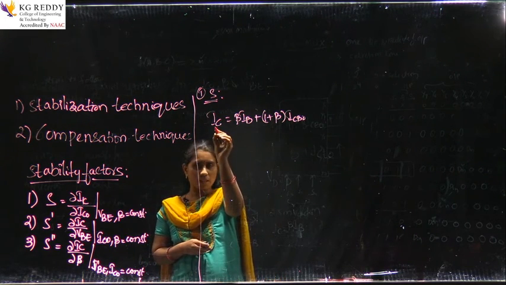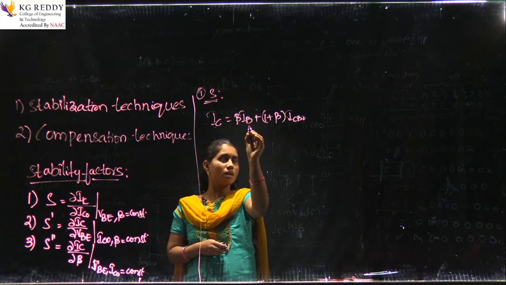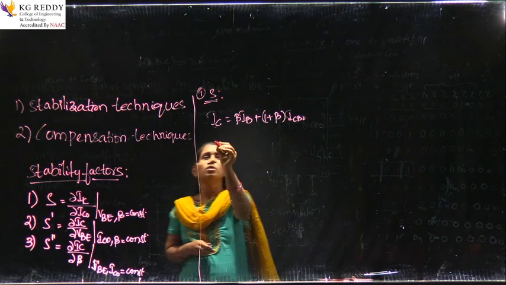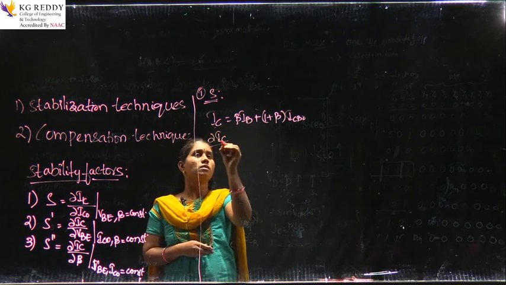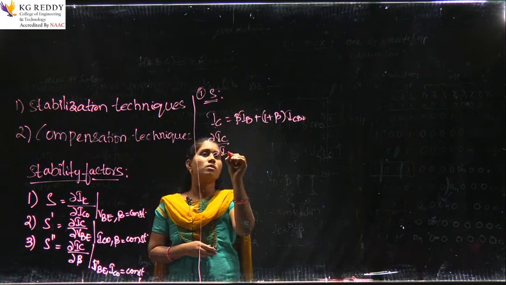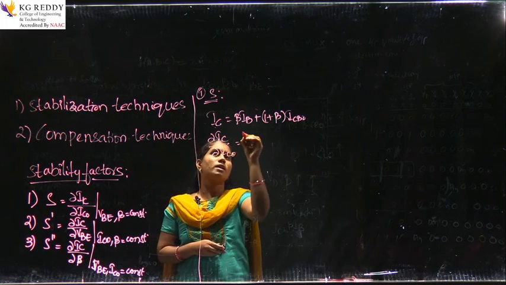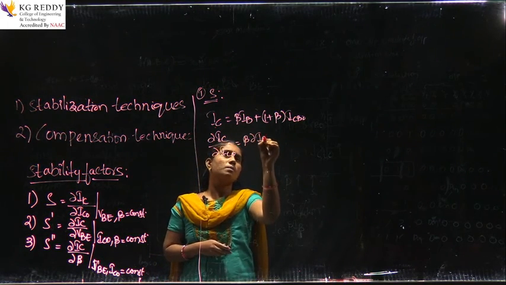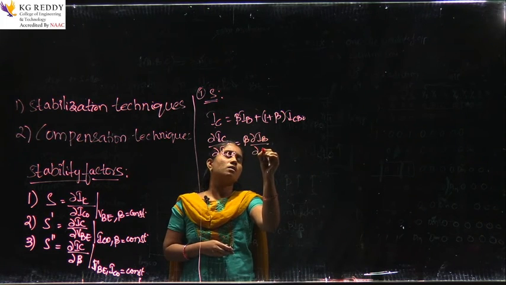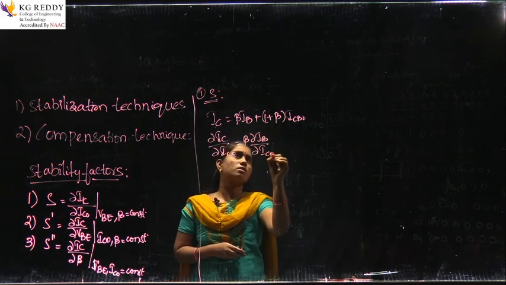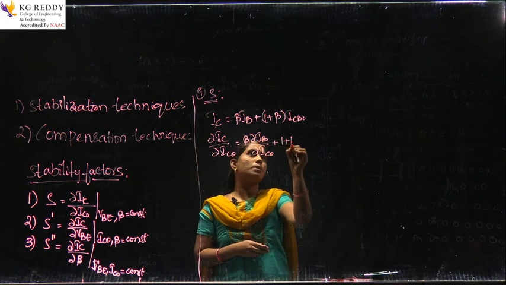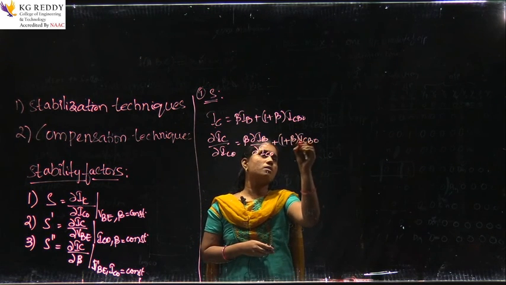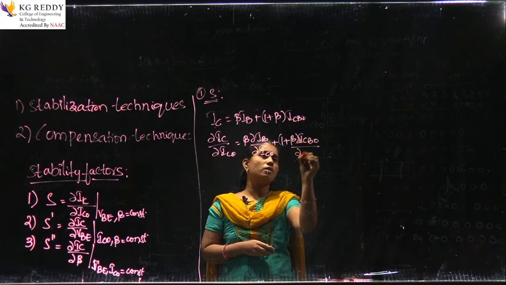If there is a change in the collector current, there will be a change in the base current and a change in ICBO. So, dou IC by dou ICO equals beta dou IB by dou ICO plus 1 plus beta.